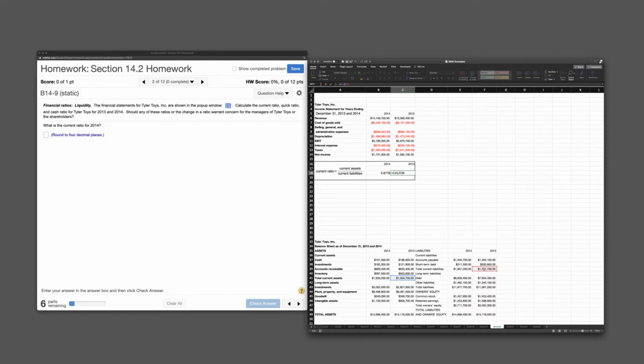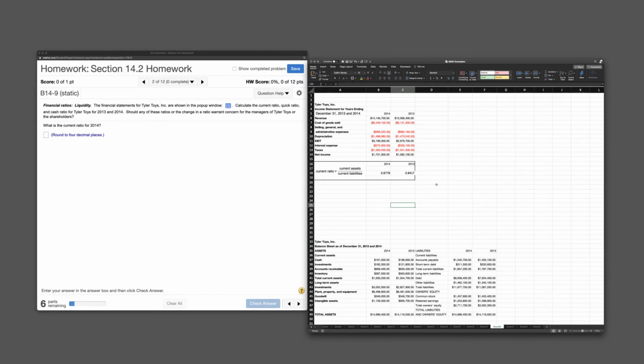So we're going to go ahead and do the same thing. We can just take that over, but just a reminder, again, we took total current assets of 2013 divided by total current liabilities of 2013. So we're just shifting over our ratio to the previous year.